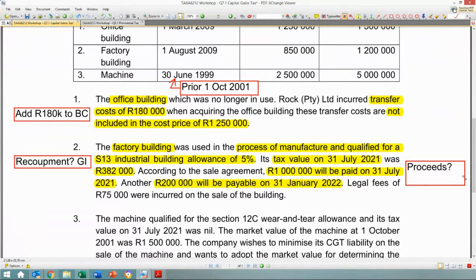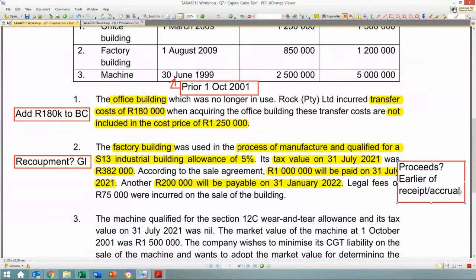Okay, so remember the rules for our taxable income or our income is that we do the earlier of receipt or accrual. Now, even though they pay the 200,000 after year end, when we dispose of that asset, that full sales price of 1.2 million accrues to us.